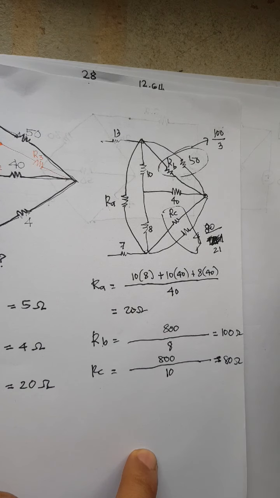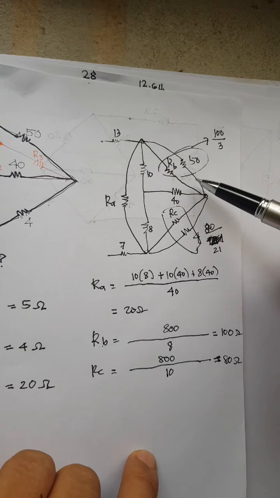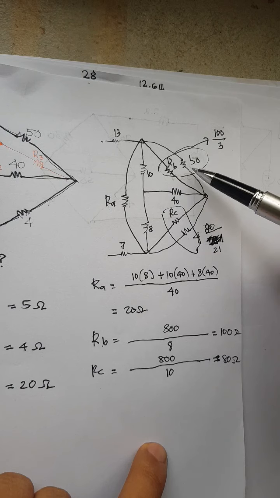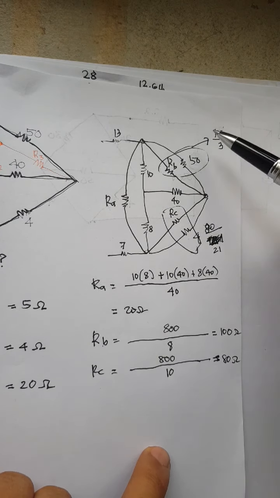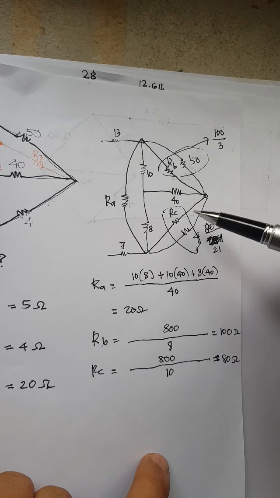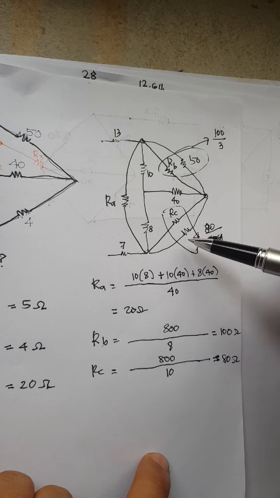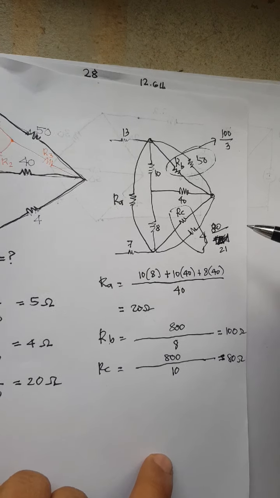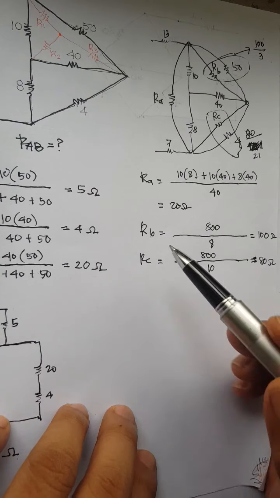And then the combination, since they have the same set of terminals, 50 and RB are in parallel, and if we're going to combine them, the answer is 100 over 3. And the same is true for RC and 4, since they are in parallel, their combination equals 80 over 21. So this will be our final circuit.